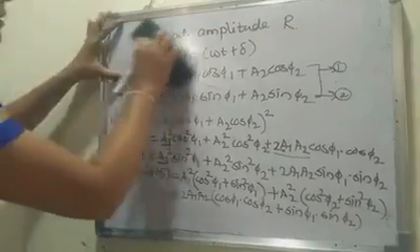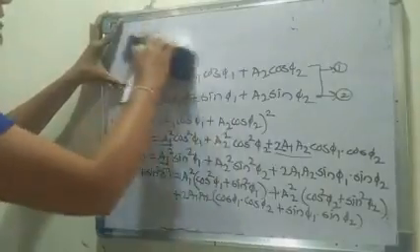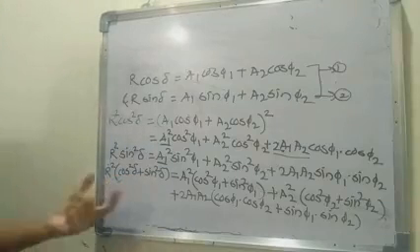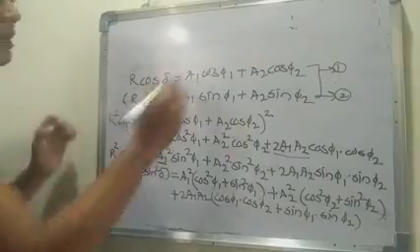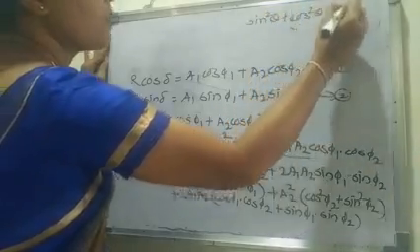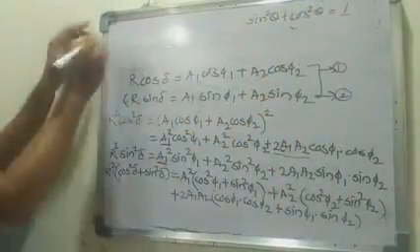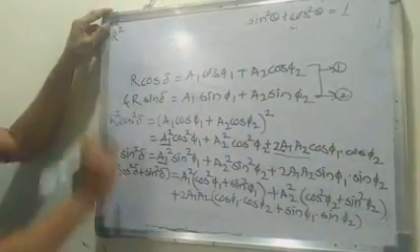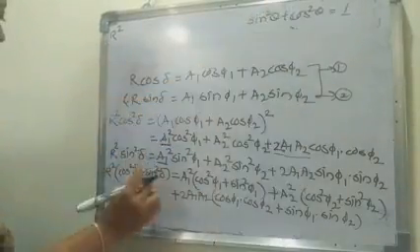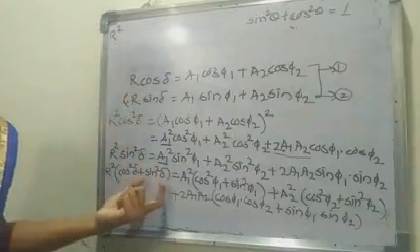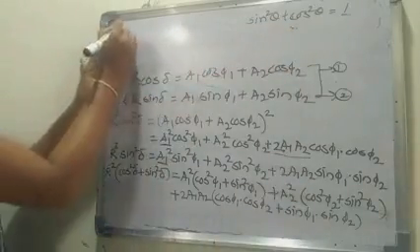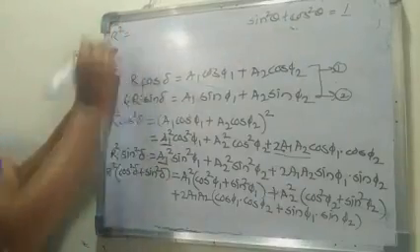Now see the left hand side, the term inside the bracket. What is it showing? This is the identity sin square theta plus cos square theta equals 1, where theta here is delta. So sin square delta plus cos square delta equals 1, and 1 into R square is again R square.